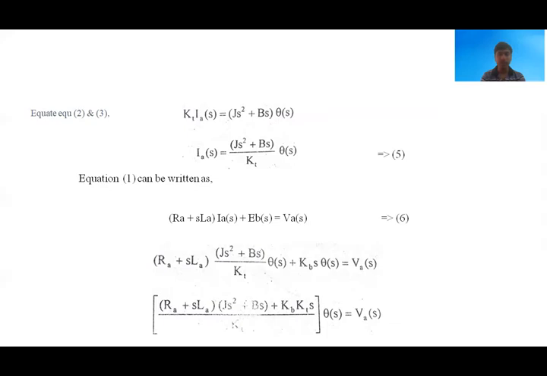Here Eb equation is substituted as Kb into s theta of s. And finally we will get, by taking common theta of s, the last expression is Ra plus s La into Js square plus Bs plus Kb Kt s by Kt into theta of s is equal to Va of s.